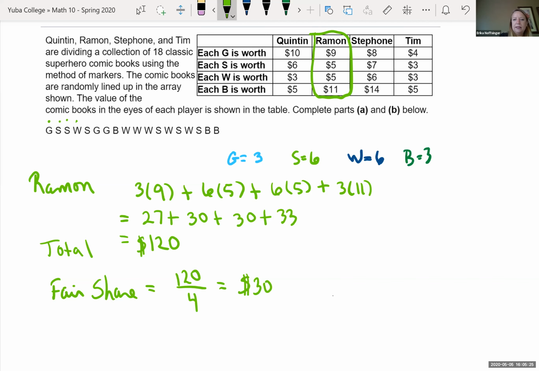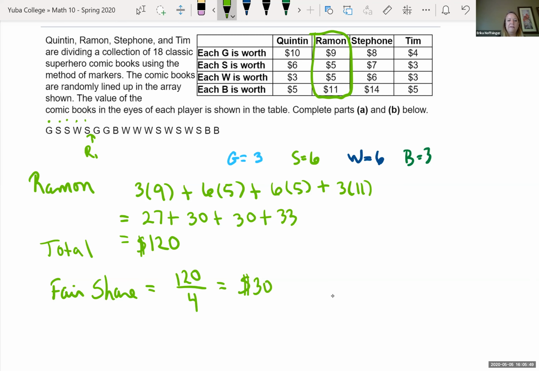And then S, which is worth $5 to him. Right now we're up to $29. If we threw in G to that first round, that's gonna go up substantially. So we're gonna put his first marker after this S. So this is Raymond.